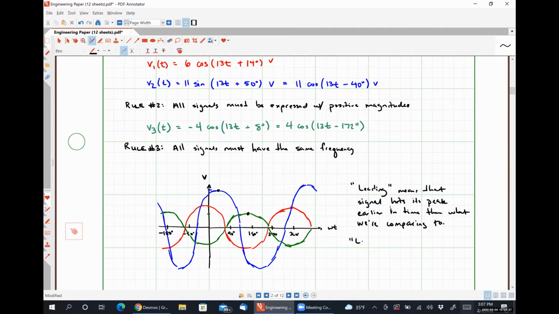Lagging means that the signal hits its peak later in time than what we're comparing it to.